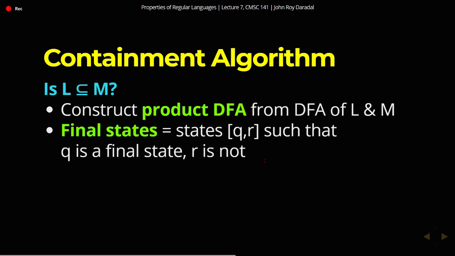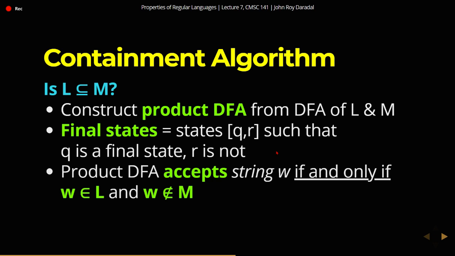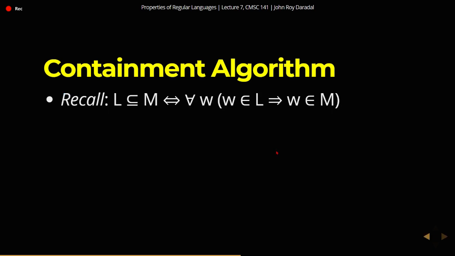But here in containment, the final state must be from the first DFA only and not the second. Okay? So yeah, those are the final states. And basically what the product DFA accepts are the set of strings W that are in L but not in M. Okay, so meaning it's a string that's accepted by the first DFA but is not accepted by the second DFA. So why are we doing this?